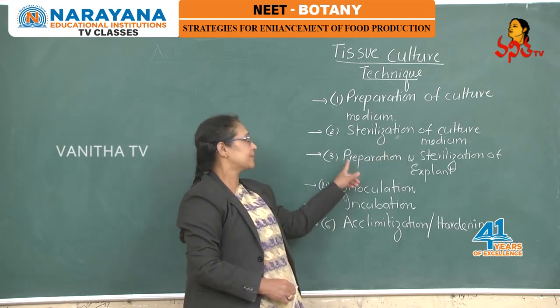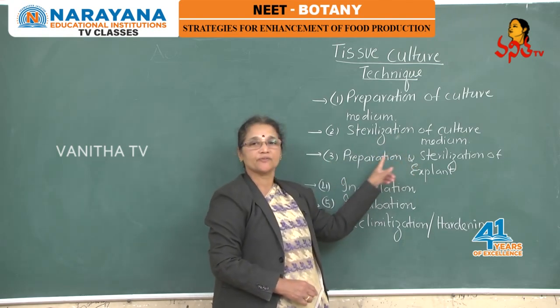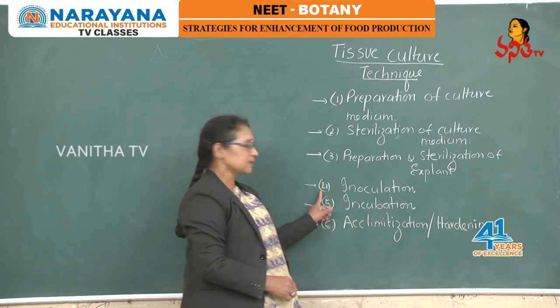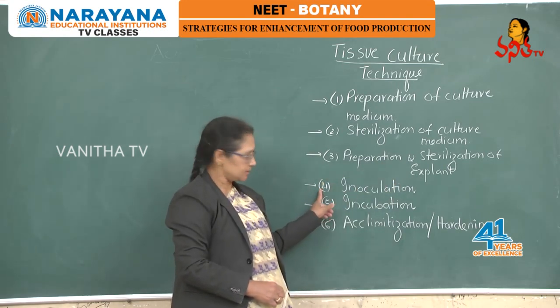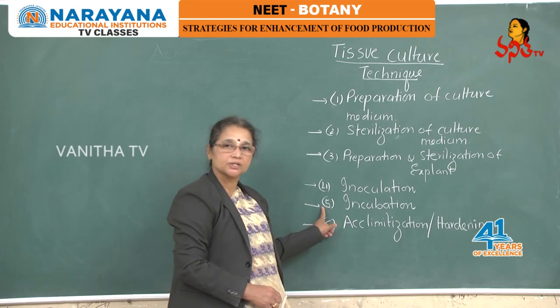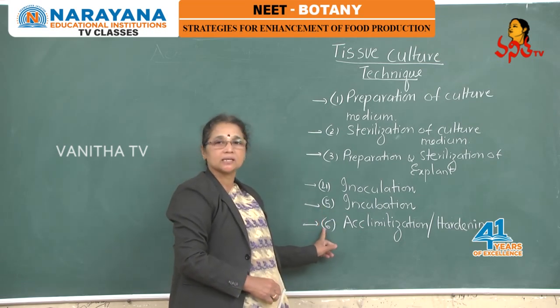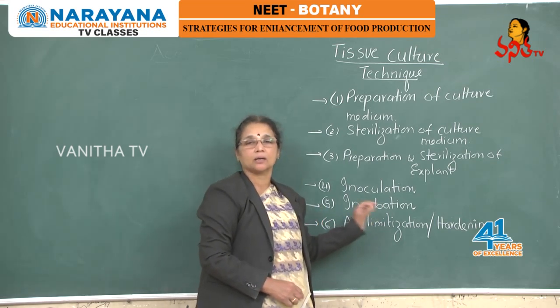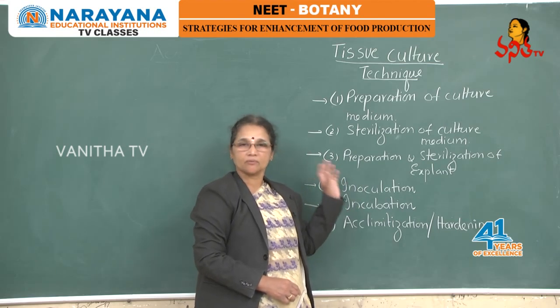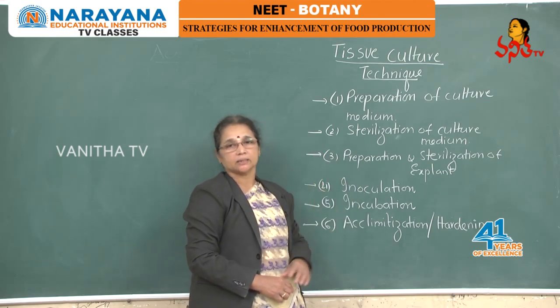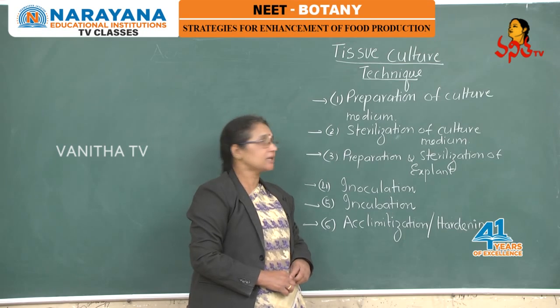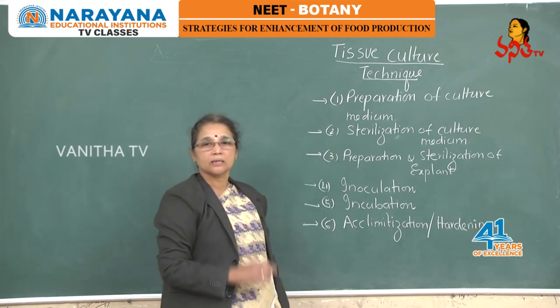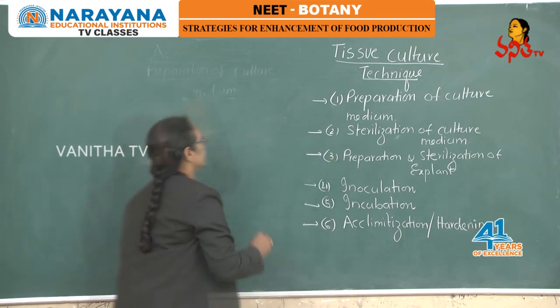Third step, preparation and sterilization of explant. Fourth step is inoculation. Fifth one, incubation. And sixth one is acclimatization or hardening. Let us see one by one how to carry out these steps in tissue culture. In that, the first one we are going to learn about is preparation of culture medium.